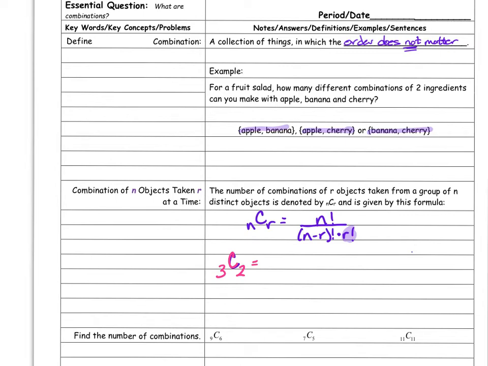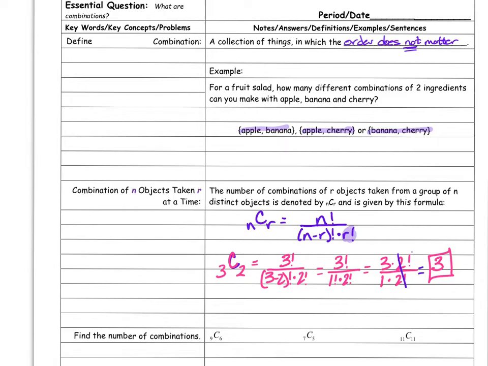So I have 3 factorial over 3 minus 2 factorial times 2 factorial. That gives me 3 factorial over 1 factorial times 2 factorial, which is 3 times 2 factorial over 1 times 2 factorial. So there's a 1. I'm going to get 3 over 1, or 3. Notice it's the same answer. That's just how it works. Very similar to permutation. Just going to work out the math there.